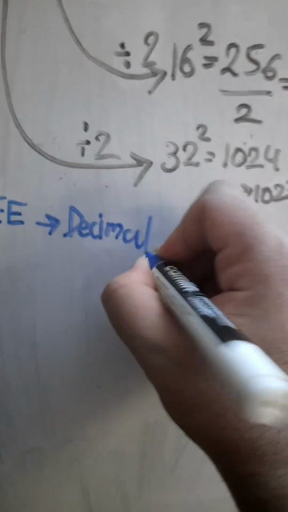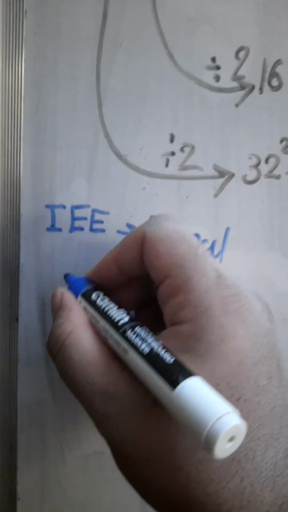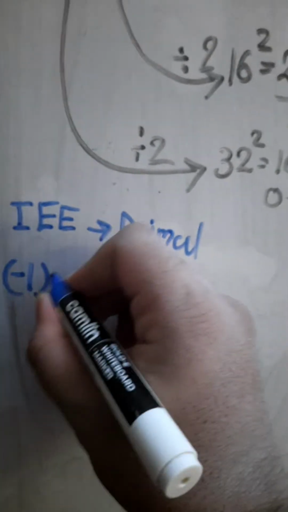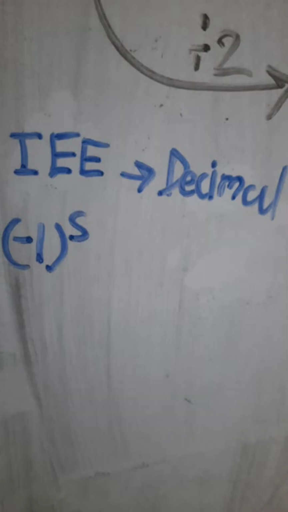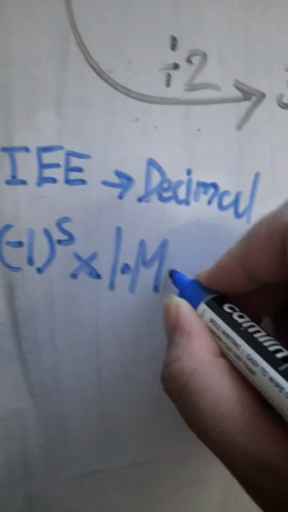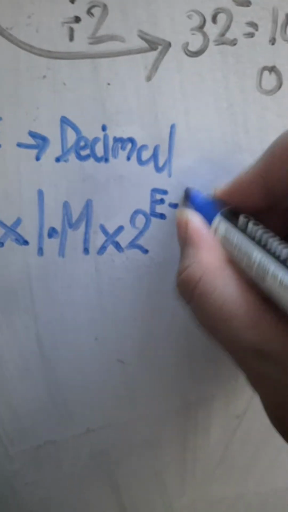IEEE to decimal. What happens here is you have to write it like this. First is minus 1 raised to s, multiplied by 1 point m multiplied by 2 raised to e minus bias.